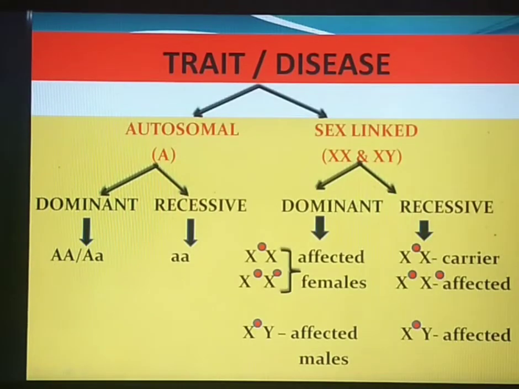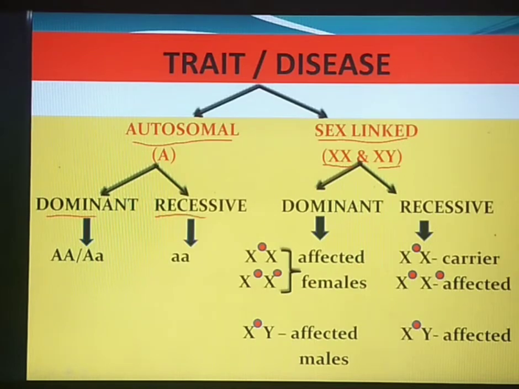We will remember that if we are studying any autosomal linked disease, we will take the alphabet A. Okay? And when we are studying a trait or disease which is sex linked, then females will be denoted as XX and males will be denoted as XY. An autosomal linked trait or disease can be dominant or recessive, right?